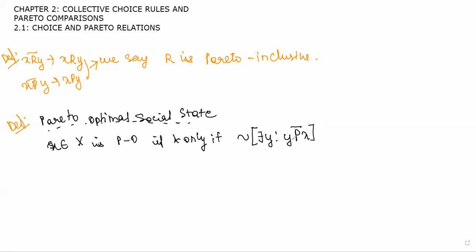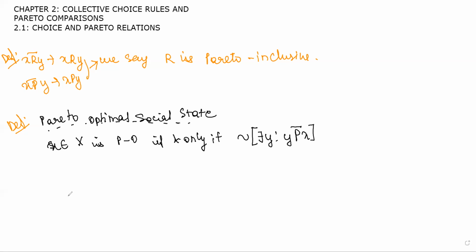If this is not true, then x is called Pareto efficient or Pareto optimal social state. This is very simple. If x is a social state such that no social state is strictly preferred to it using the Pareto method, then x is said to be Pareto optimal.